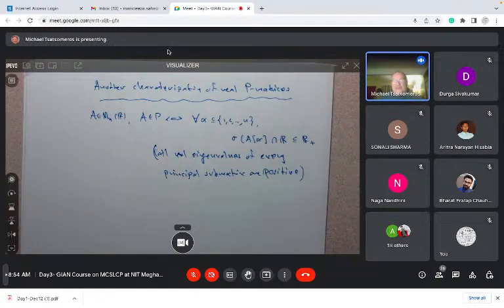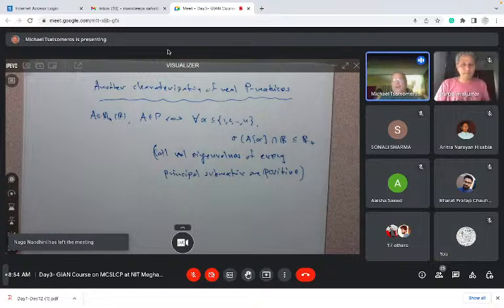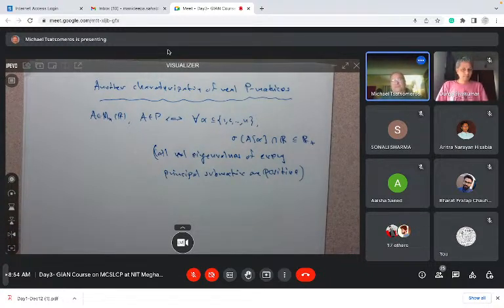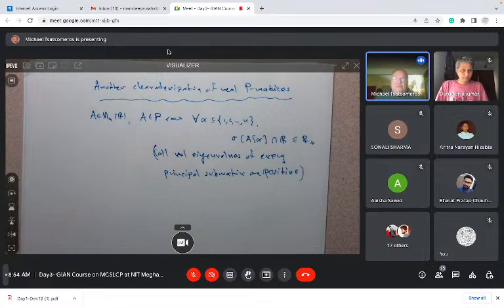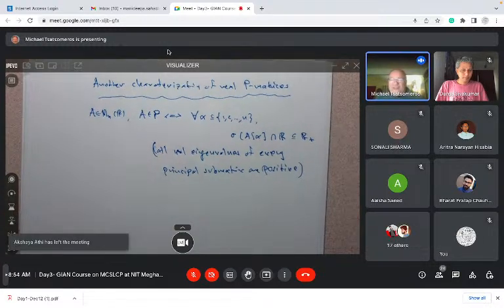The real ones are positive. That's a good enough condition to imply that a matrix is a P matrix, and of course it is a necessary condition for every P matrix.